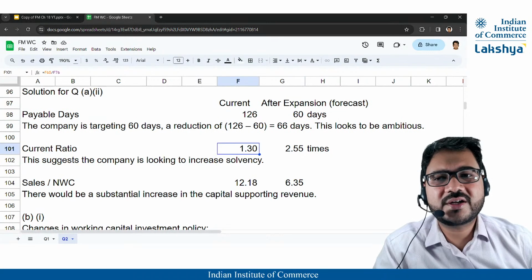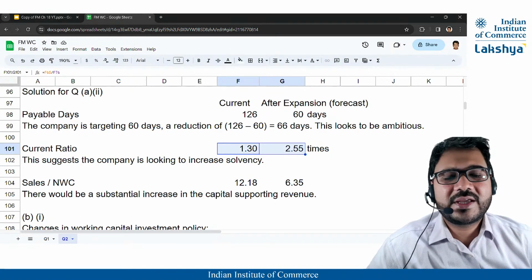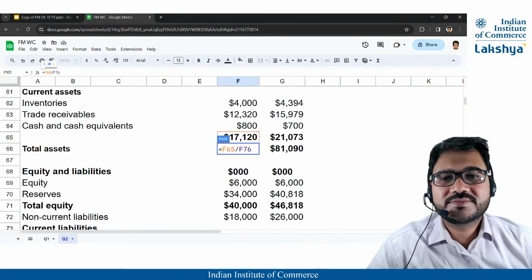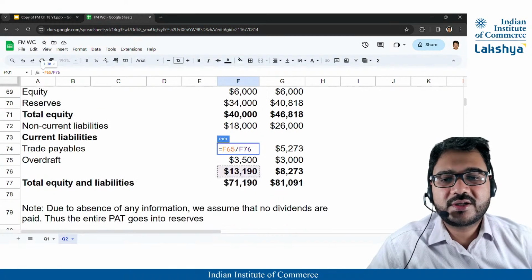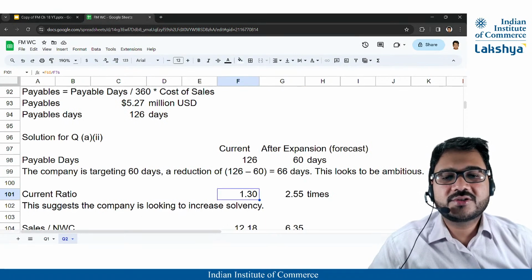Current ratio is current assets divided by current liabilities. So we can find that for both the years because we don't have it available. So we calculate that. It's very simple. CA by CL. Okay, so your current asset is here, current liability is here, and then you do it for both years.